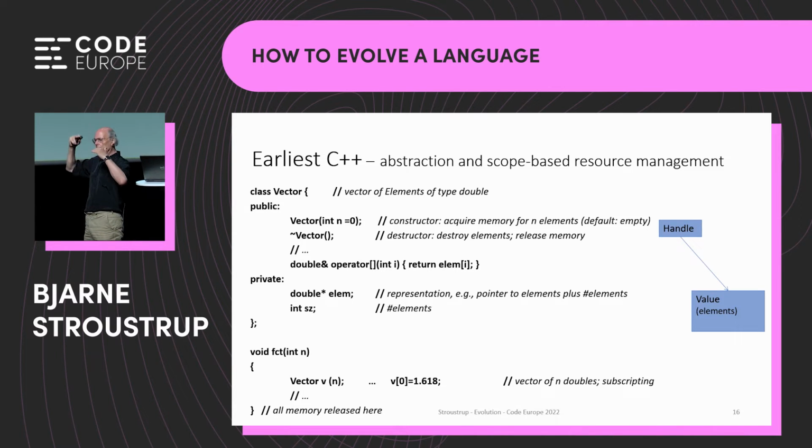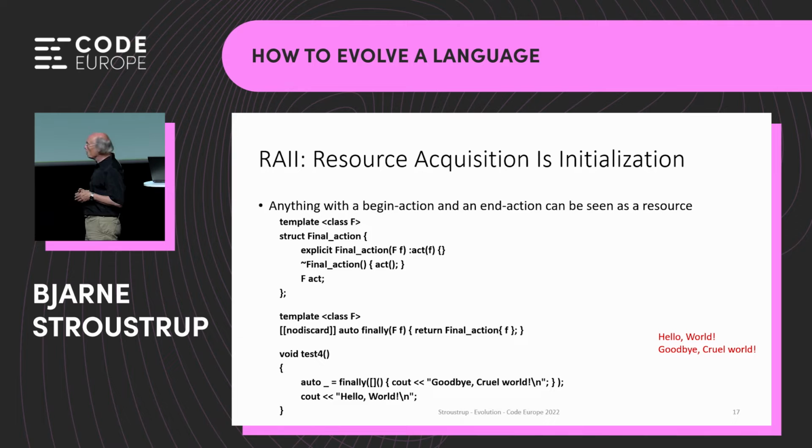You do it by defining a new type with the proper operations, with the key being the constructor and destructor, and now I can create an object, I can use it, and when it goes out of scope, all resources owned by the object are released. Okay, this is memory management, but it generalizes.